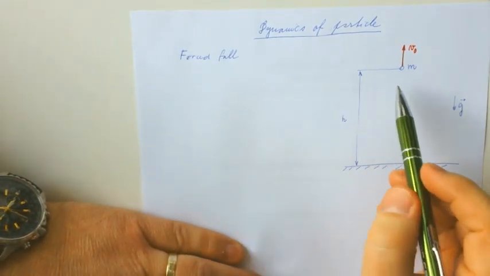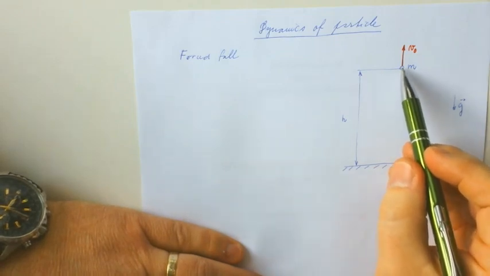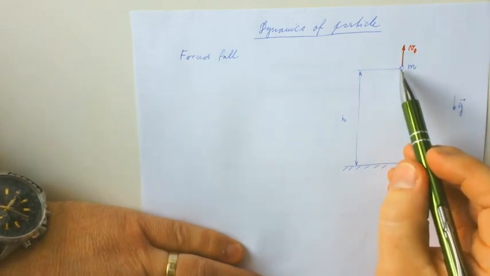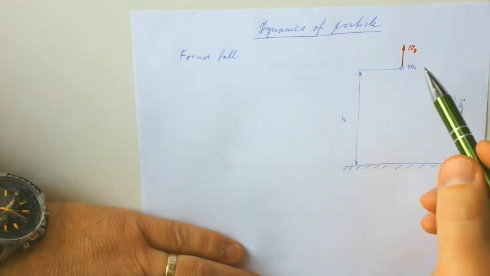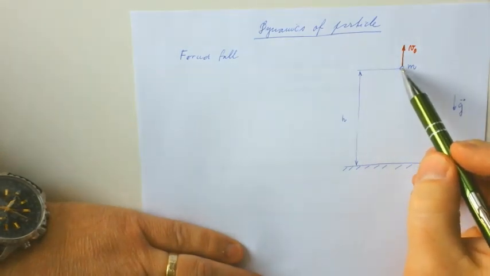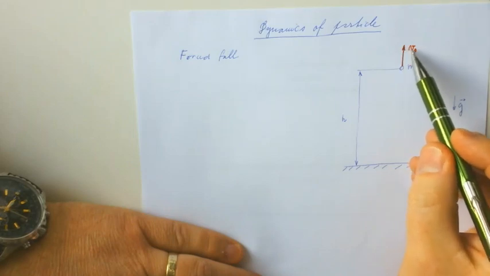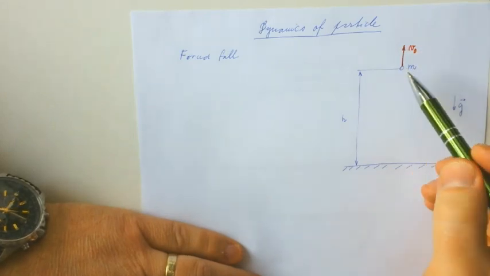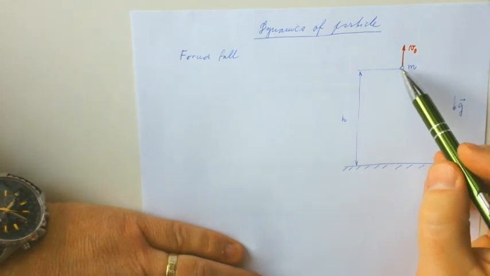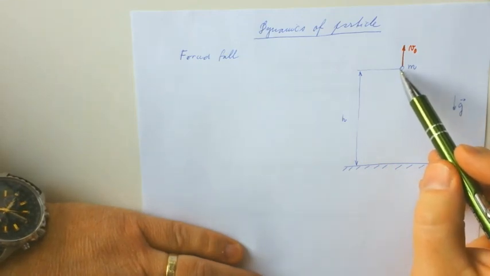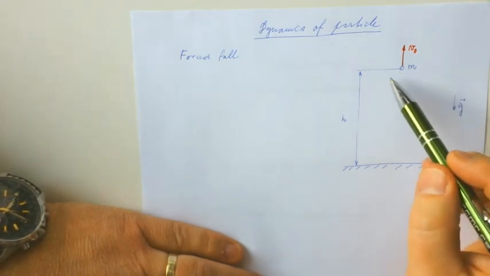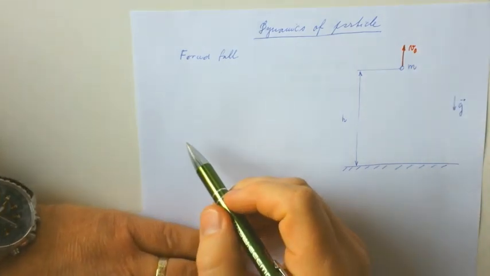Why forced? Because there is an initial velocity v0 at the beginning of the process. So, we throw up the particle of mass m with velocity v0. Okay, and after that we will observe and investigate what is the process, the dynamical process.